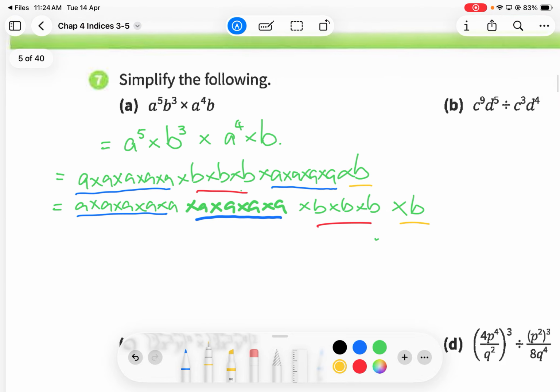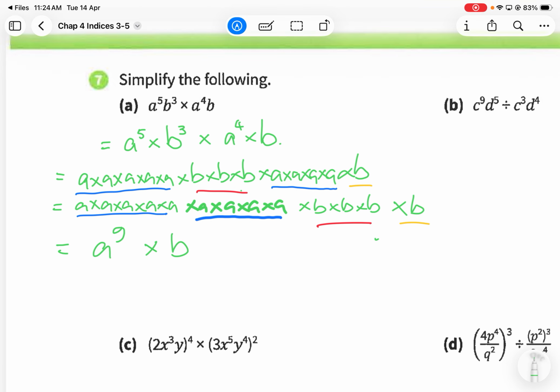Then when I go and write it back into its original, then it will be A to the power of 9. Okay? Then my B will be B to the power of 4. And then, by default, we don't need to write this multiplication. Which is why my answer become just A9 B4.